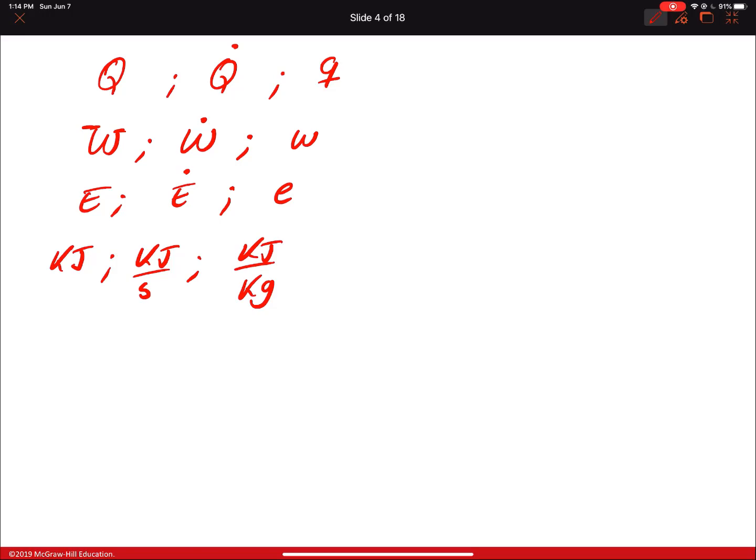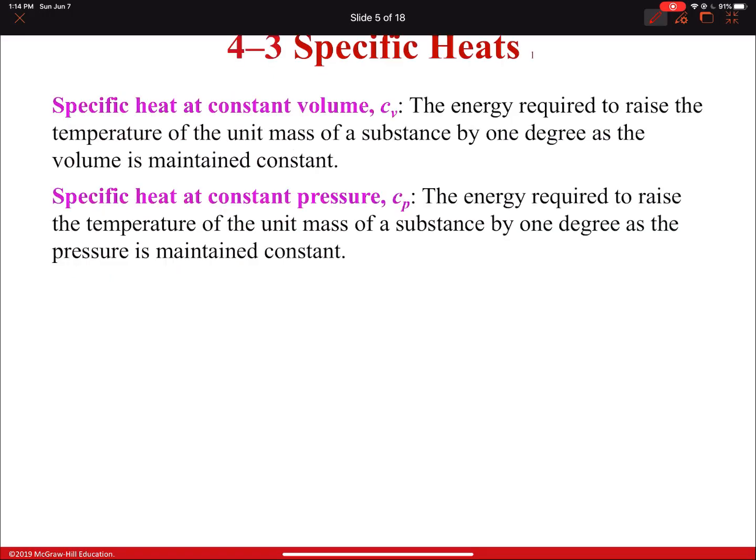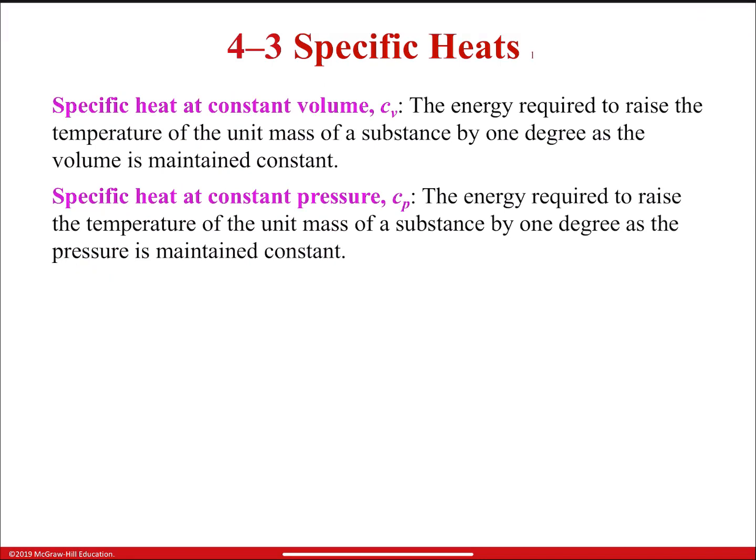Okay, all right, so now we go to specific heats. This part is quite important, and I'll tell you why. We use a specific heat when we are working with ideal gases pretty much.